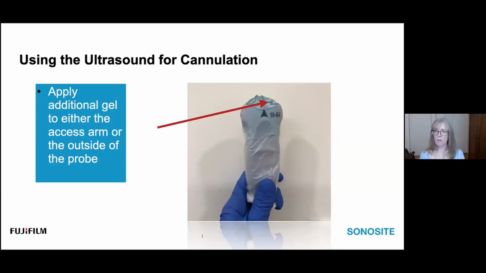If you have sterile ultrasound gel, then you don't have to worry about the gel covering the portion of the skin that you're going to be cannulating through. It will not contaminate because it's already sterile. If you don't have access to sterile ultrasound gel, you do need to keep that in mind because you're going to be maintaining the aseptic technique during cannulation. You're going to have to be careful not to let the gel cover the insertion site if that's the case.